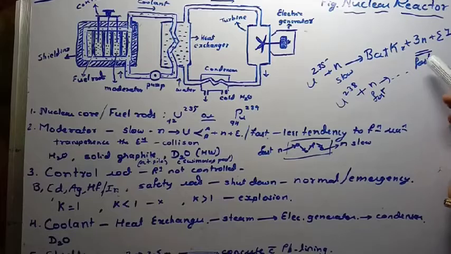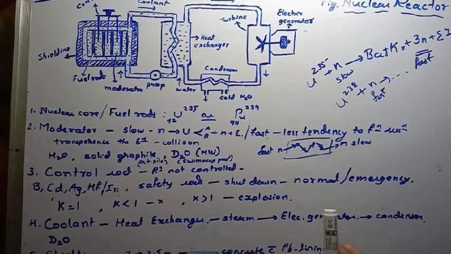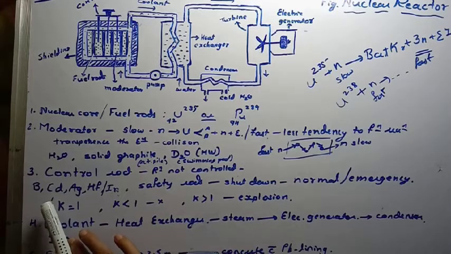We need only 1 neutron in each step to be utilized for further fission, and the 2 more neutrons are made to be absorbed by materials like boron, cadmium, hafnium, indium, or silver, which are very good absorbers of neutrons.